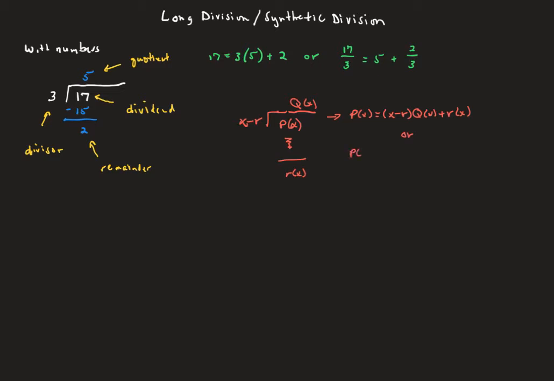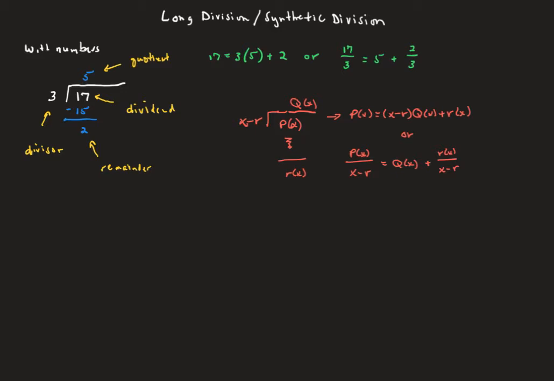We could say p of x divided by x minus r will equal the q of x, our quotient, and then plus the remainder divided by x minus r as a fraction, what we started with. So this is the idea. Let's see how this is going to actually work in practice.